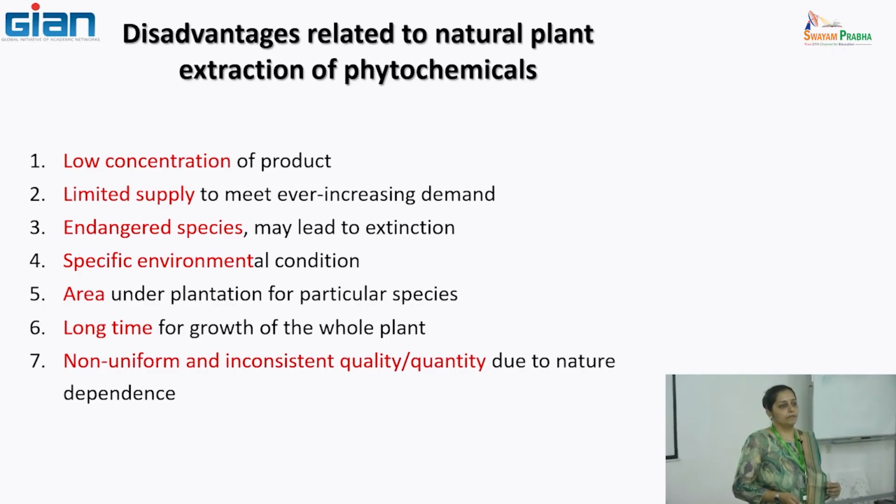I'll give you an example. We were working with a small class of plant peptides called cyclotides, and we were working on the medicinal plant called Viola odorata. Its common name is Banafsha. It is used in the indigenous system of medicine in Unani, especially for cough, cold, and also for sleep disorders. There was an indication in literature that they have a rich repository of these cyclic plant peptides called cyclotides.